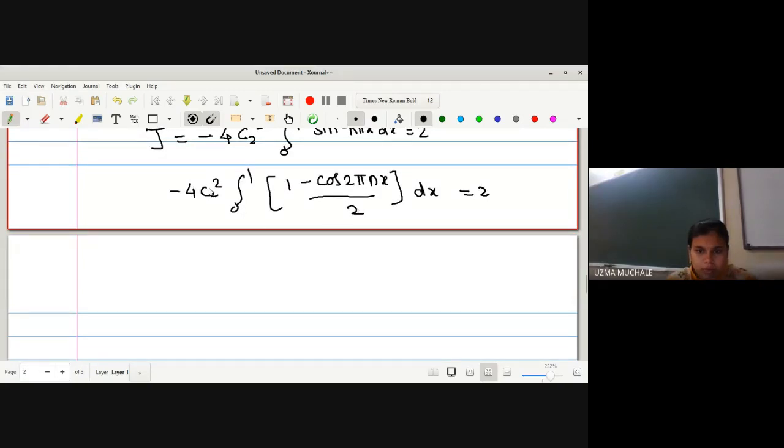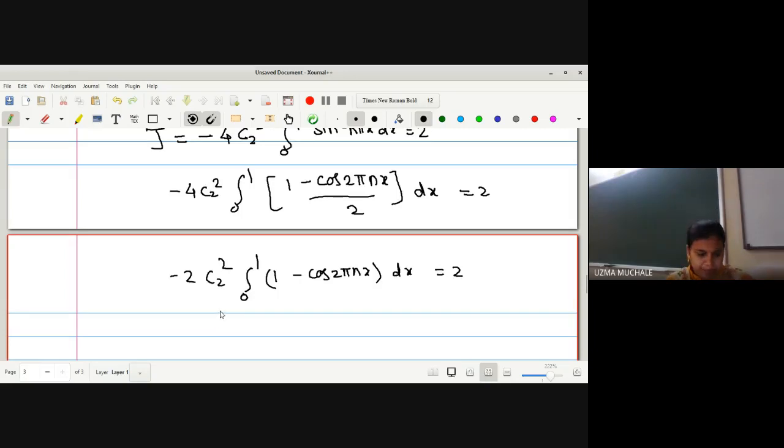This 2 we can cancel out with this one, and we get minus 2 C2 squared integration 0 to 1 of (1 minus cos of 2 pi nx) dx is equal to 2. Actually, this 2 also gets cancelled, and we remain with minus C2 squared.